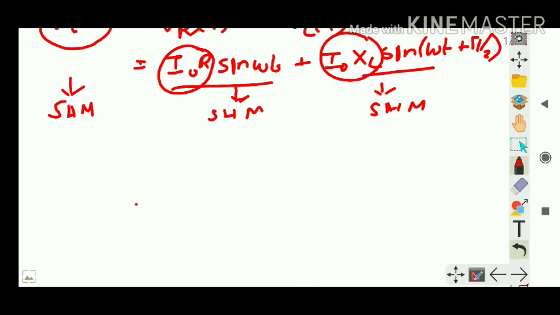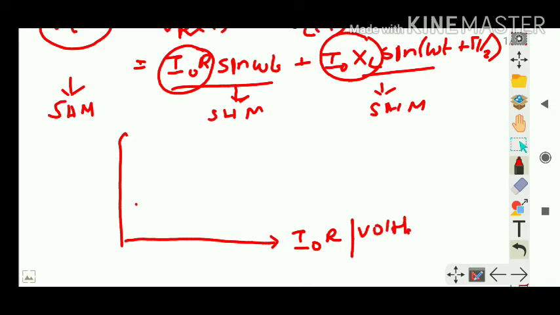Let's draw a graphical representation for it. I naught R is a representation for voltage, since this is I into R. I told you before, in the case of resistance, current as well as voltage are in the same direction, so I can assume this is the direction of voltage as well as current.